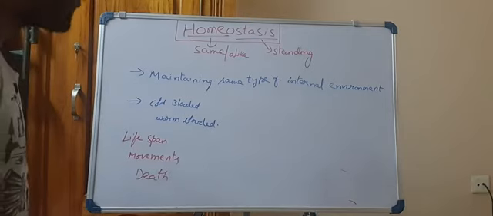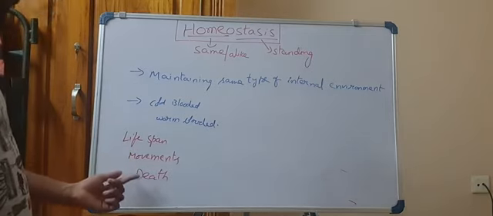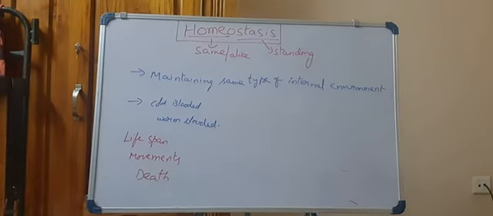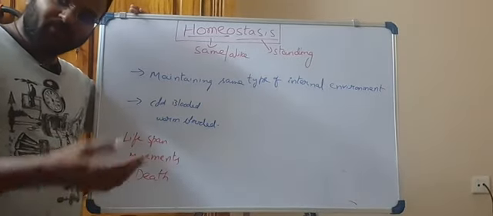Okay, these are the characteristics of living beings: lifespan, movements, death, and in our list one more characteristic is disposal of wastes.